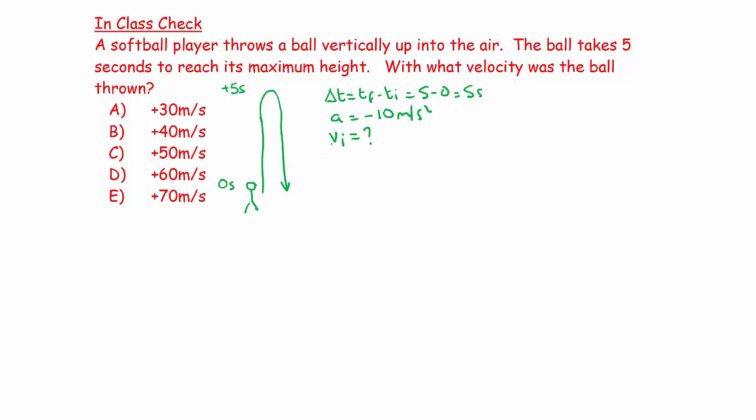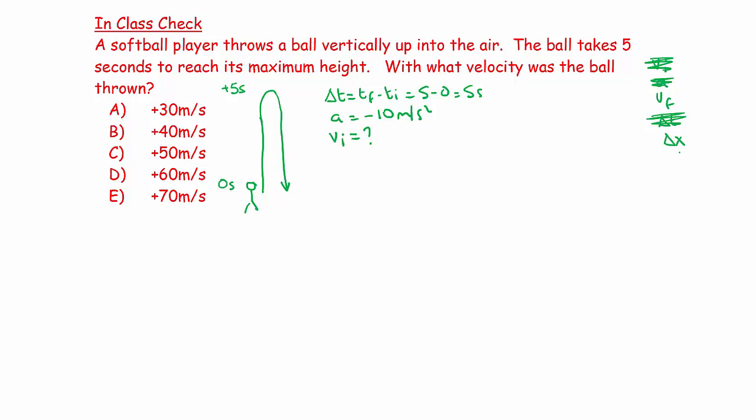I need one more thing. I don't know the displacement. I suppose I could try and find it. So there's 2 things I could think of. Remember this list, VI, A, VF, delta T, delta X. And on this particular question, we've talked about delta T, and we've talked about A, and we've talked about VI.